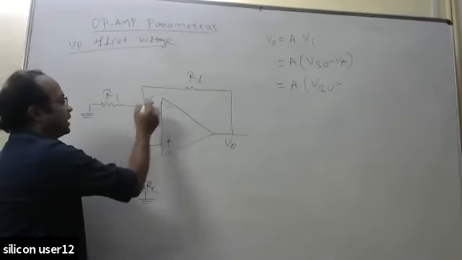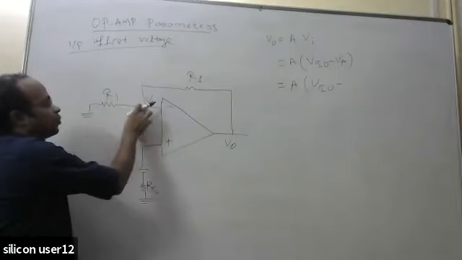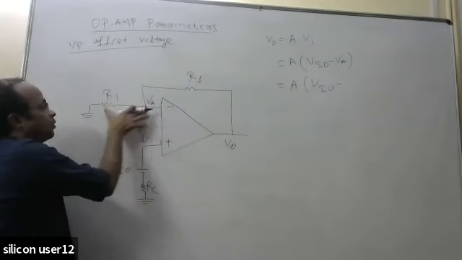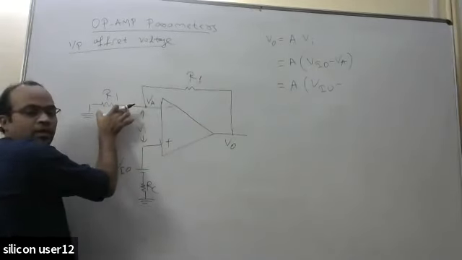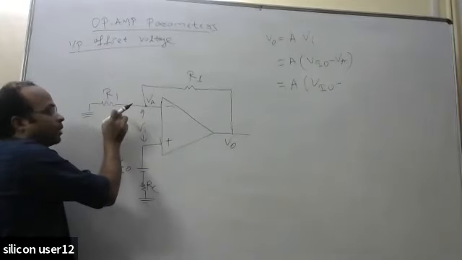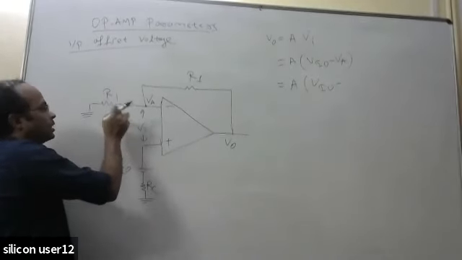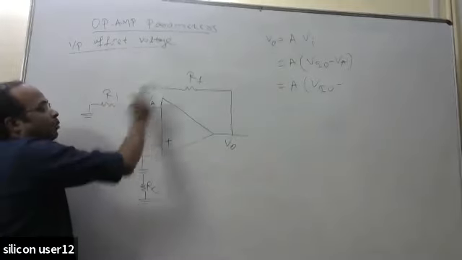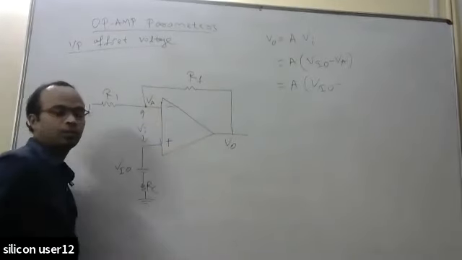So look here. The voltage at this point is equal to the voltage across this R1. That can be calculated using the voltage division rule, which is R1 by R1 plus RF into V0.